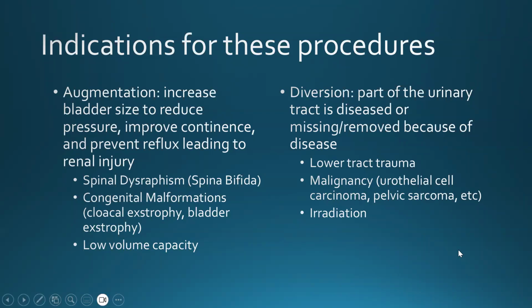Diversion is typically done as an operation due to urinary tract disease and or missing aspects of the urinary tract that are removed because of disease. So this could be from lower tract trauma. It can also be from malignancy, such as urothelial carcinoma or pelvic sarcoma, and also for patients who have had prior irradiation.